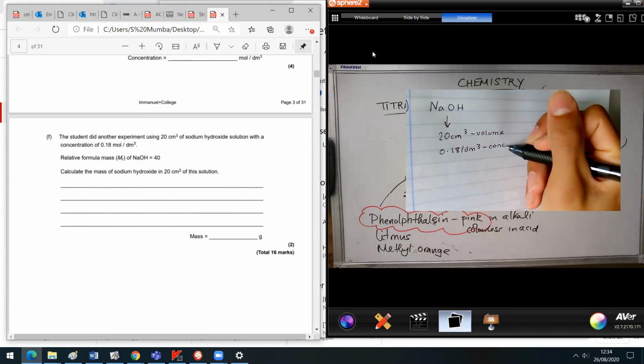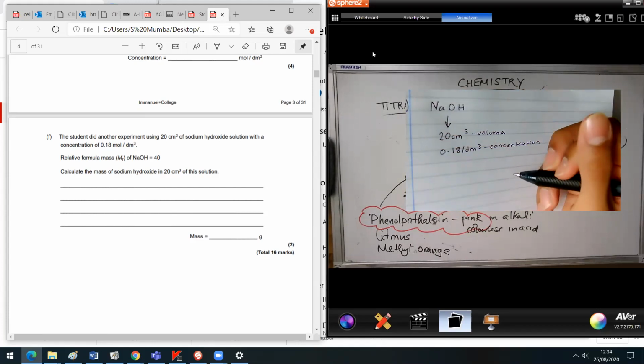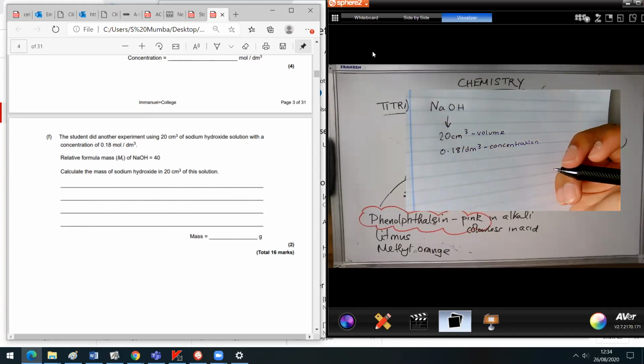And then calculate the mass of sodium hydroxide in 20 centimeters cubed of this solution.